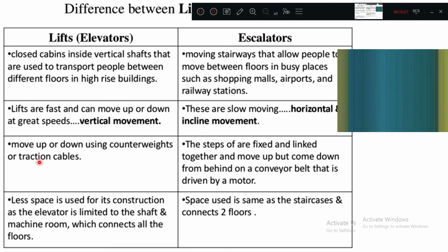Here the plates or steps move around the motor, around the sprocket arrangement. Here space utilized is more, the same as a staircase connected to floors. For the elevator, less space is used for its construction, as it is limited to the shaft and machine room. So here the space utilization is very less.